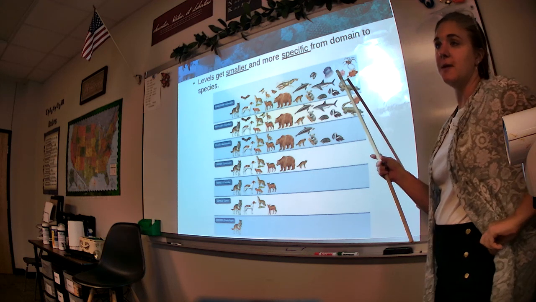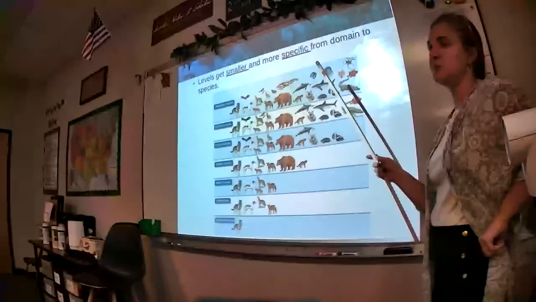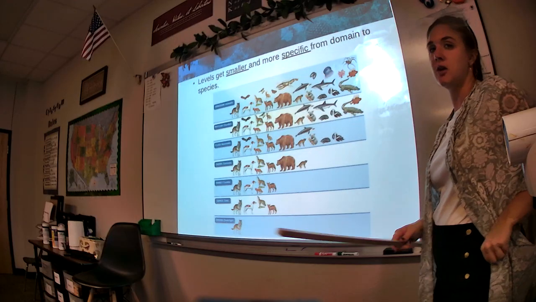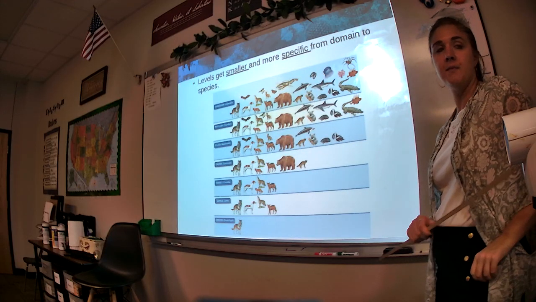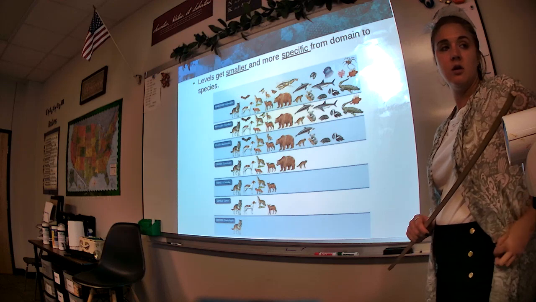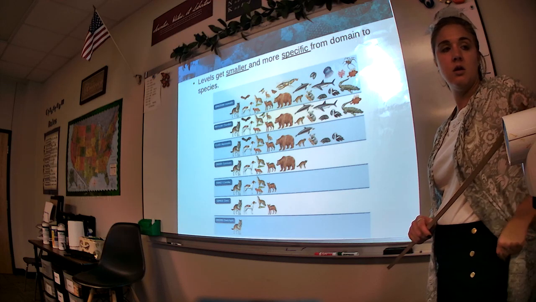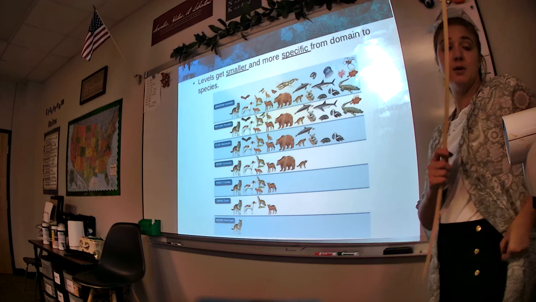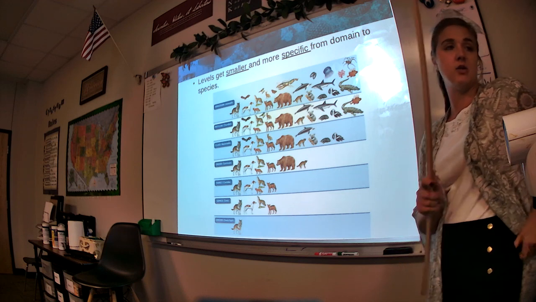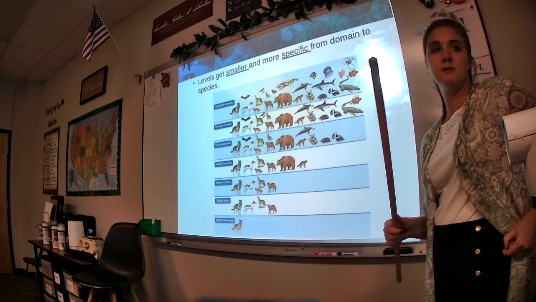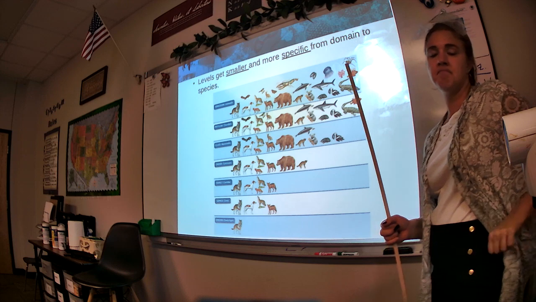So I need to change that. Yes, they get smaller and more specific from domain to species. Thank you, Bella. Yes, Connor? What do we have all of this space for? The summary is supposed to go on that other page, but I accidentally put it on the back page. So it's just my mistake, just my spacing. You're good.